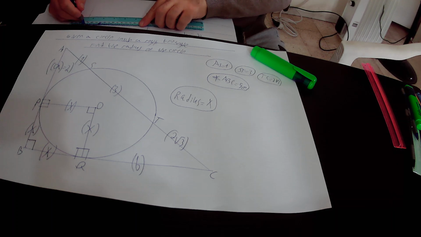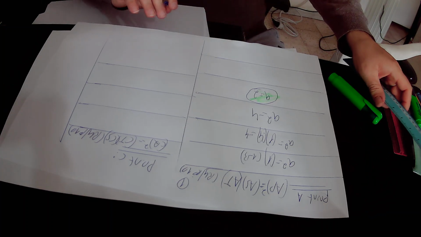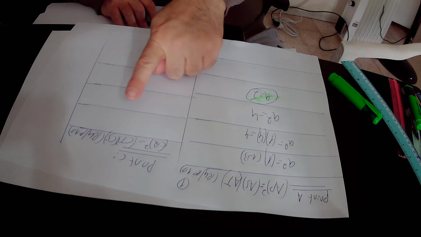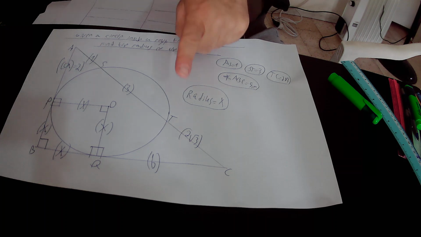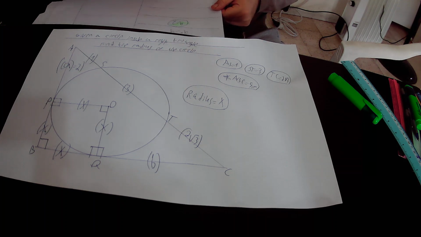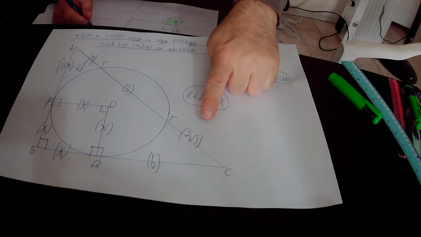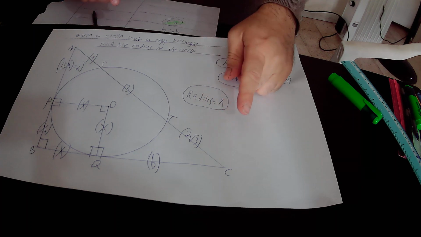Repeat again. According to rule 10, CQ square equals CT times CS. CQ is B, therefore CQ square is B square, and it equals CT, which is 2 times square root of 3, times CS.